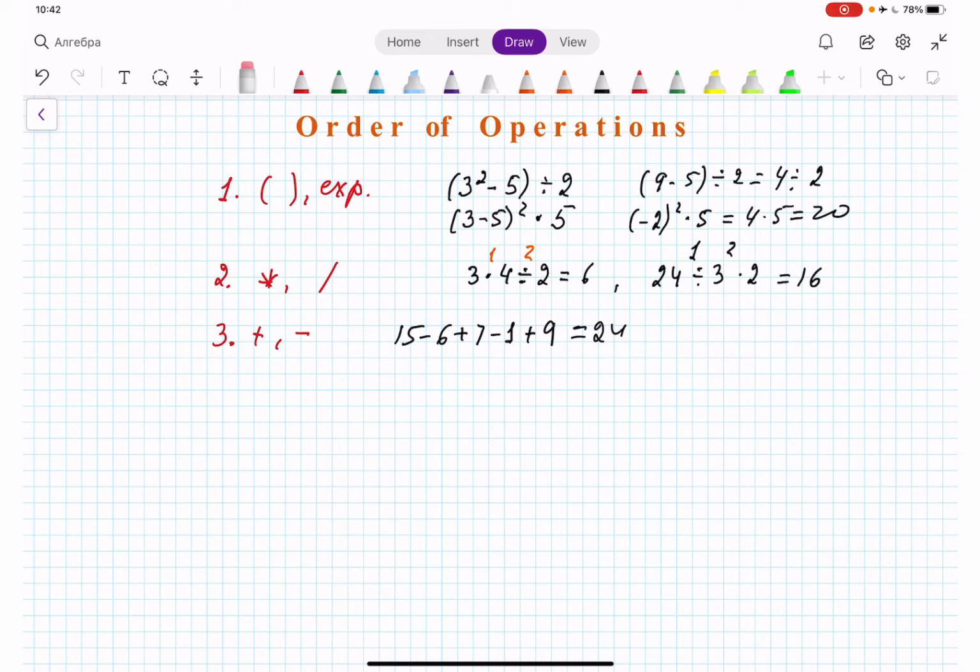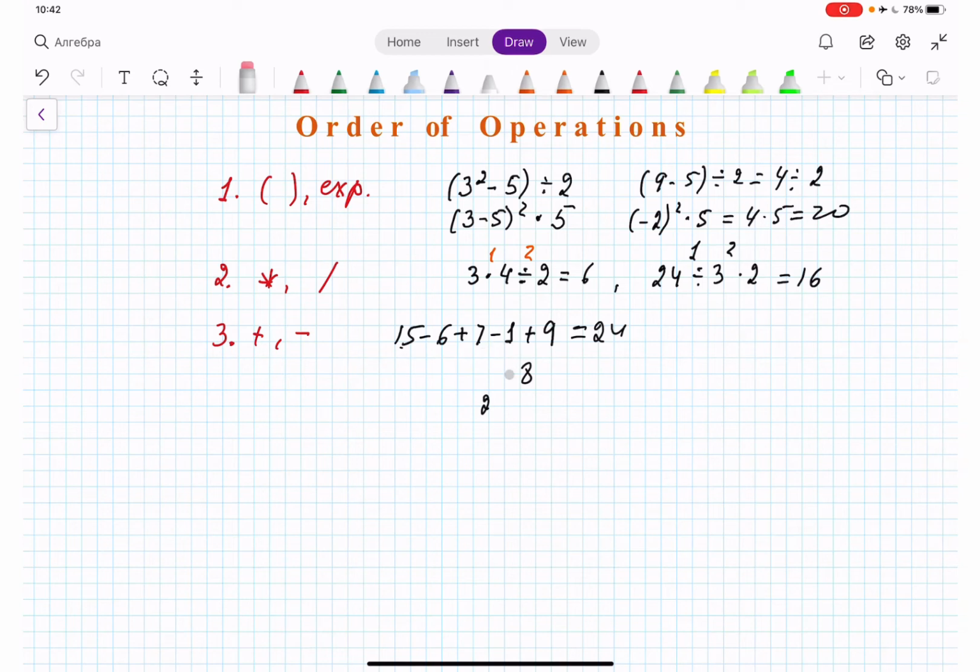Let's say negative 1 plus 9, it's going to be 8. And then 8 and minus 6, it's going to be 2. 2 plus 7, I haven't added this one. 2 plus 7 is 9. 15 plus 9 is 24.